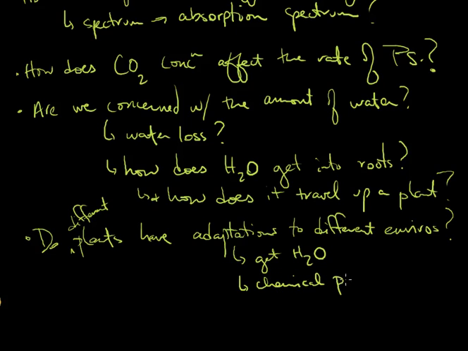They have different chemical pathways or different modifications of photosynthesis themselves. They have different pigmentations. So we talked about chlorophyll, but not all plants have the same levels of chlorophyll, and that's why they have different colors.